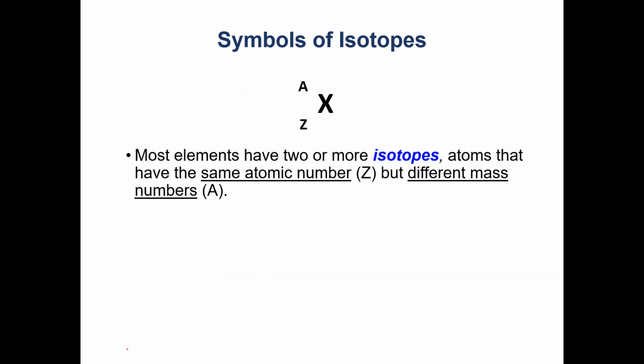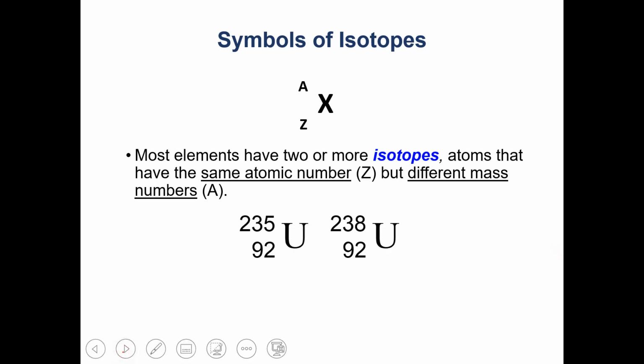So for example, if we have something like uranium-235 or uranium-238, we can figure out how many neutrons are in that element. We know if it's uranium, we're always going to have 92 protons because uranium has an atomic number of 92.